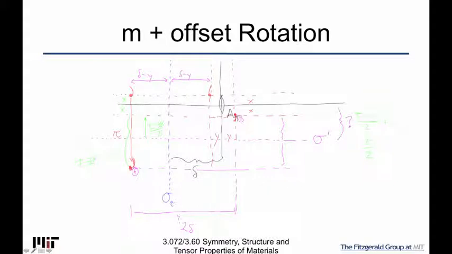Using similar colors as before: sigma tau, whatever that translation is, operated on after a rotation, results in a new glide plane that's 2 delta for the tau.